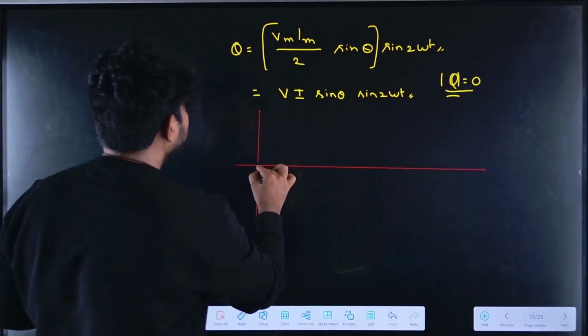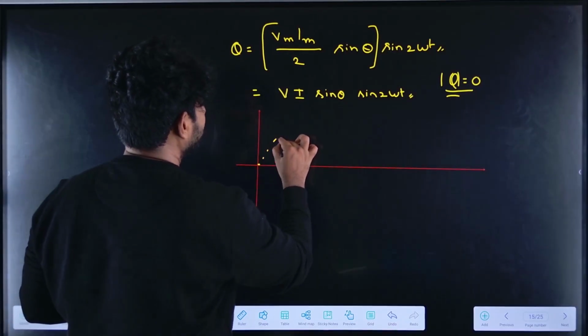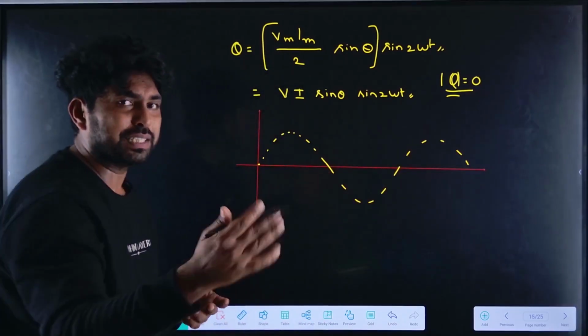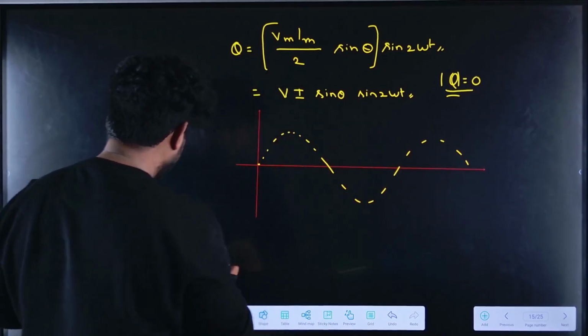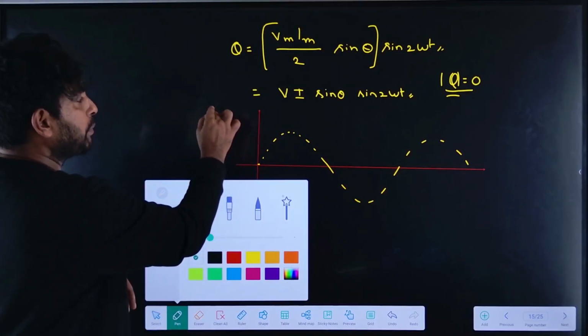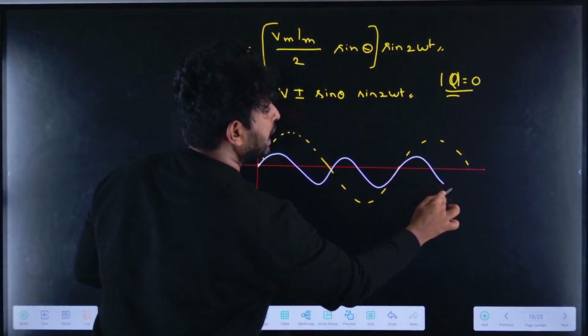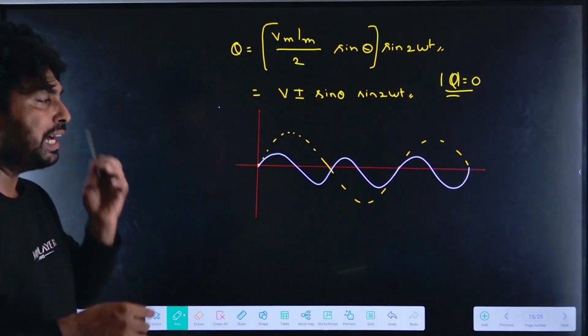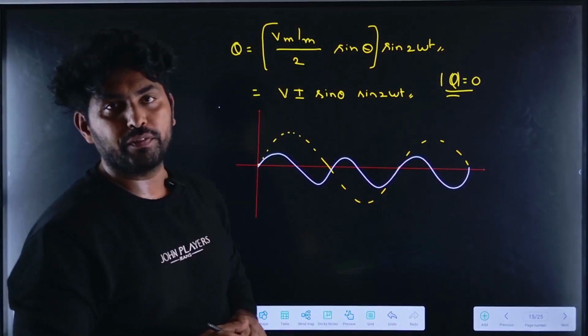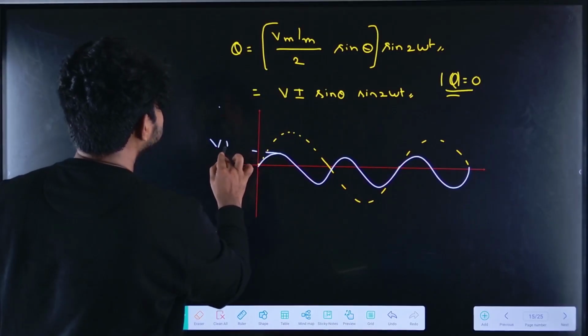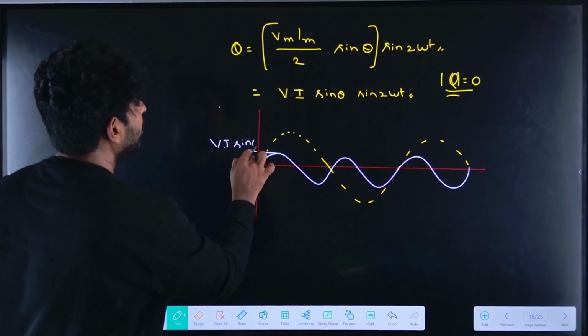For example, if the supply voltage is sinusoidal, the reactive power should be at 2 times the supply frequency. If I draw it approximately, it has the maximum value of Vi sin theta.